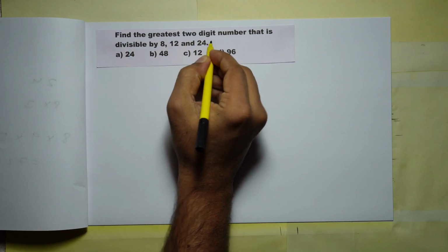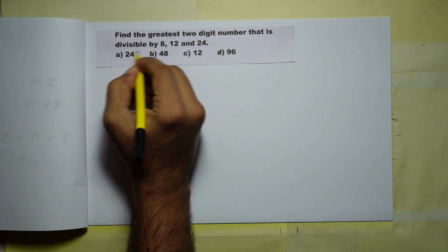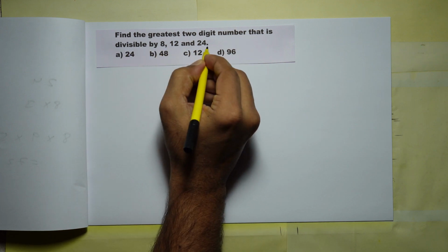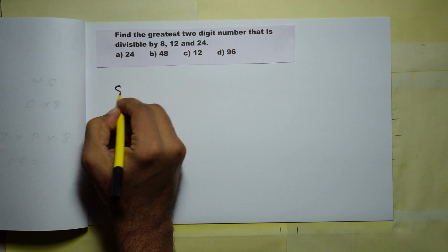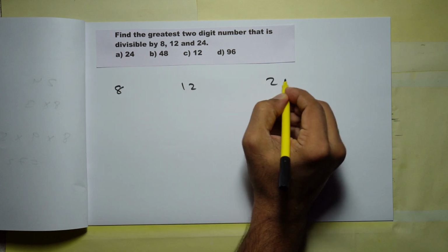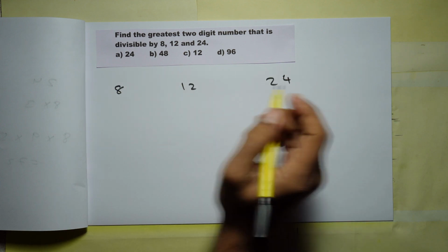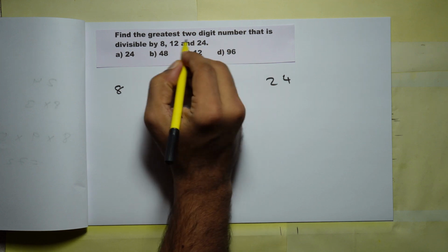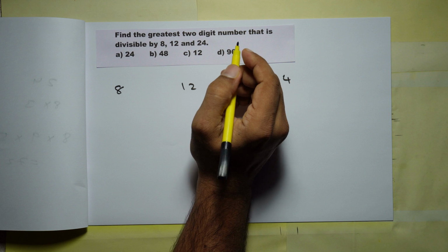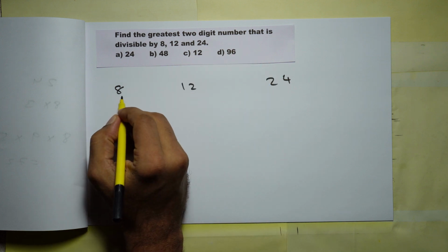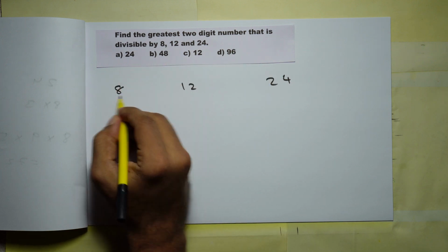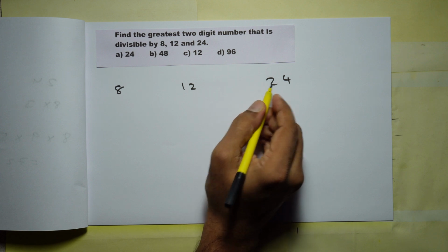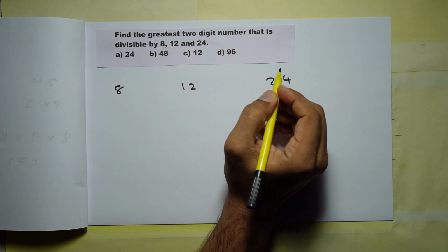Find the greatest two-digit number that is divisible by 8, 12 and 24. So you have the numbers 8, 12 and 24. Now greatest two-digit number means the number should lie between 10 and 99. So you must find a number that will be divisible by each of these three numbers and the greatest such two-digit number.